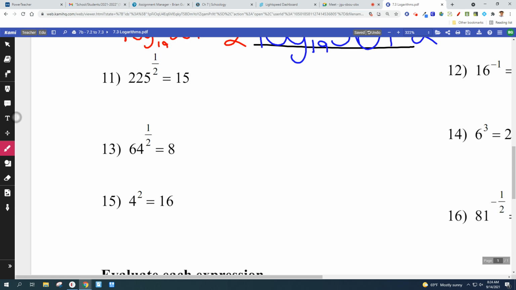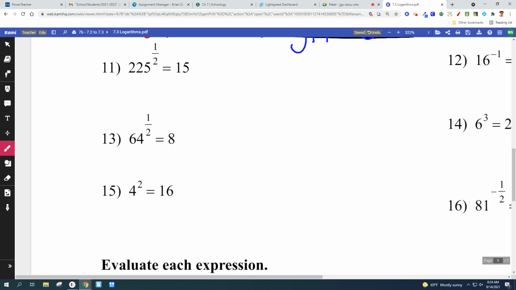Okay? So we look at problem number 11. You identify the base. This is the base, and this is the exponent. And so we should be able to write log base 225 of 15, and that exponent is 1/2, so it's going to equal 1/2.